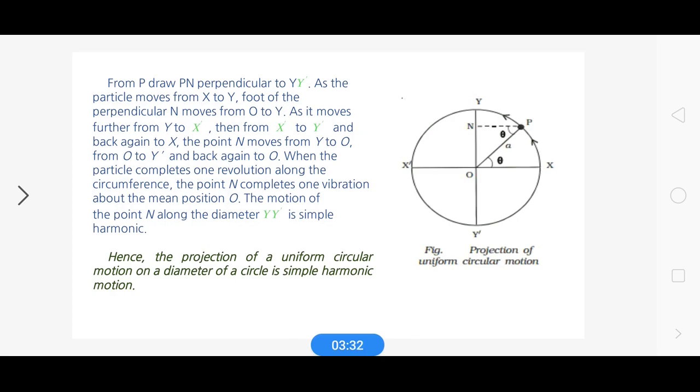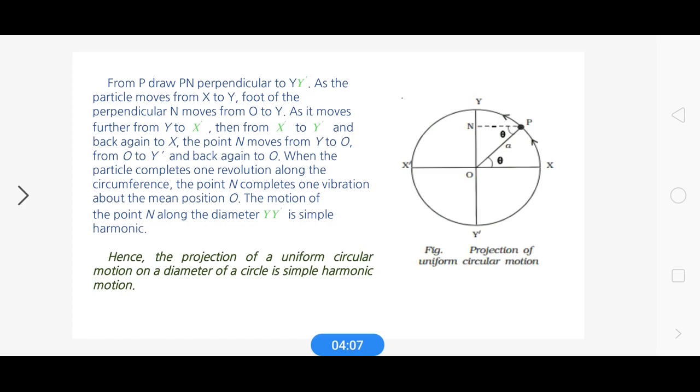Means as the particle completes one revolution in the anti-clockwise direction, X, Y, X dash, Y dash, X, the foot of the perpendicular moves from O to Y, Y to O, O to Y dash, and Y dash to O finally.